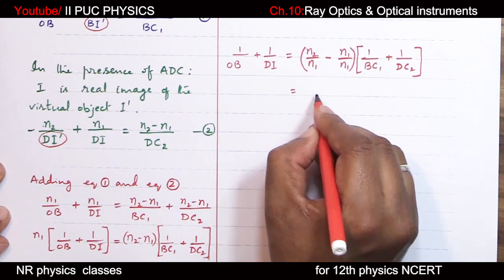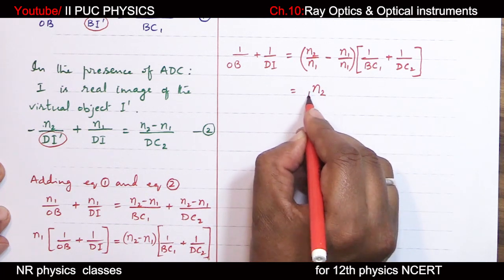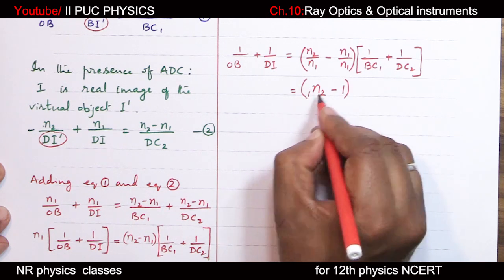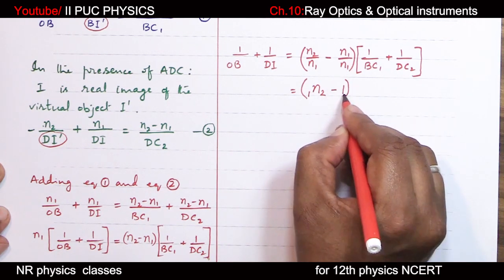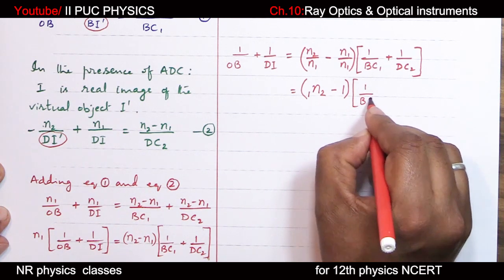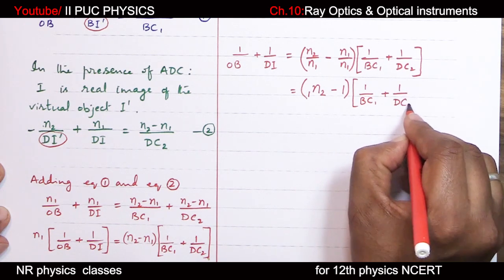This is nothing but N21, refractive index of second medium with respect to first medium, minus 1. N1 by N1 is 1, into 1 by BC1 plus 1 by DC2.